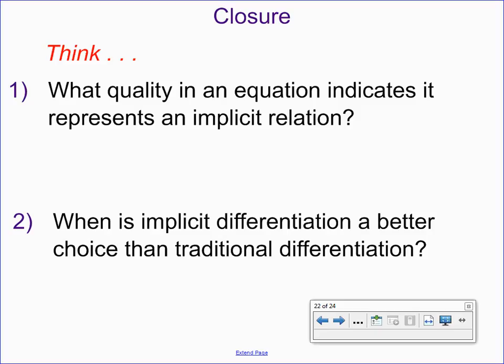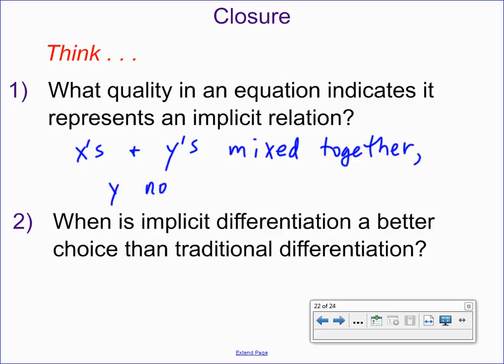All right, so please share with the class when I call on you: what quality in an equation indicates you're dealing with an implicit relation? So for that first one, how can you tell that you're working with an implicit relation by looking at the equation? Emily? Both x and y are on the same side of the equation. Absolutely, we've got x's and y's mixed together, oftentimes on the same side of the equation.